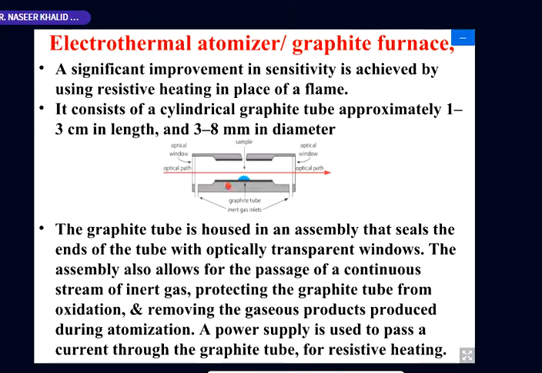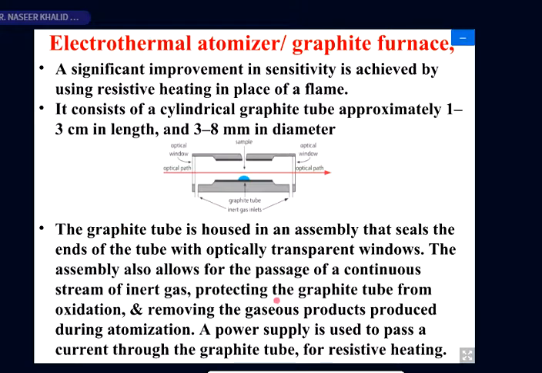For example, carbon plus oxygen from air converts into carbon dioxide, so the tube will be destroyed. In order to increase its life, we pass inert gas continuously through this tube, so that the oxygen in the air is not allowed to contact and react with the carbon at elevated temperature.